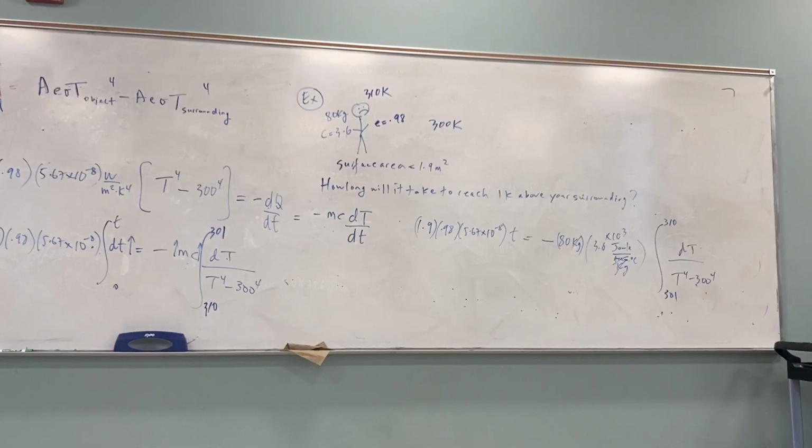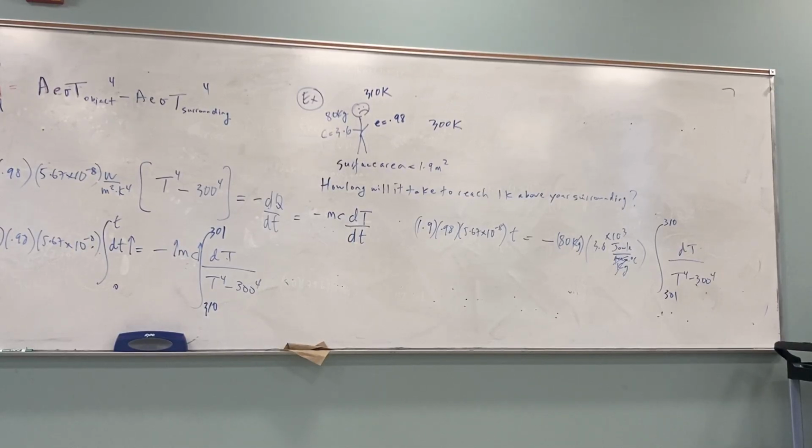Online integral. So you put something like 1 divided by x to the power 4 minus 300 to the power 4. And here goes 301.